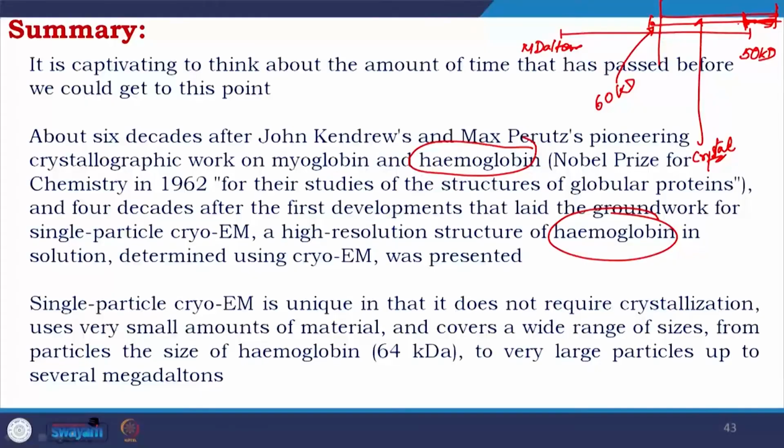From small peptides to 60 kilodalton proteins, NMR is good. For any peptide to a good size of protein of a few 100 kilodalton, X-ray is good. From 50 kilodalton to several megadalton, cryo-EM is good. But cryo-EM works with the native condition, identifying the conformation and all at the atomic level.